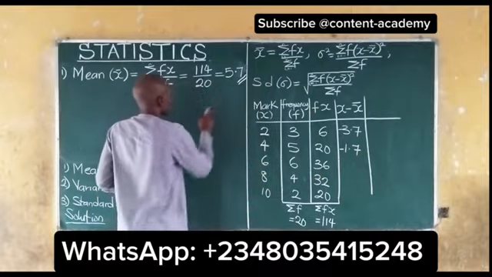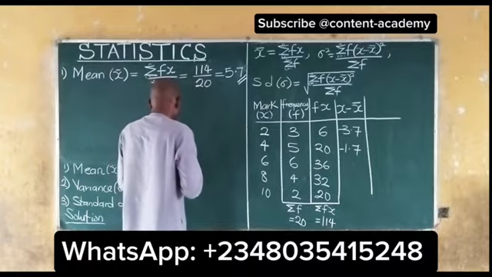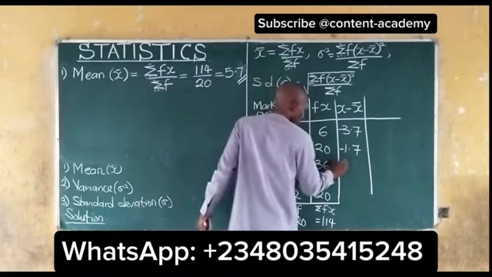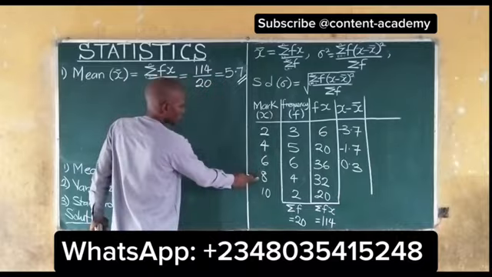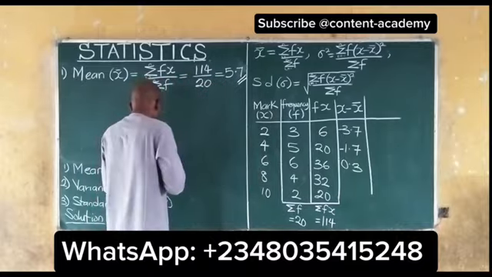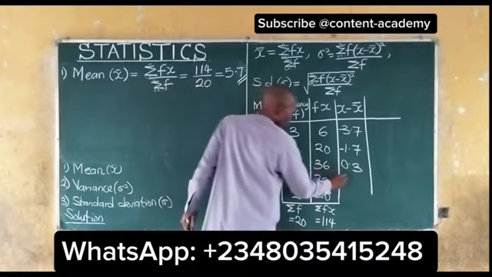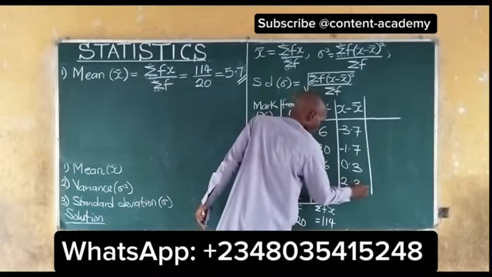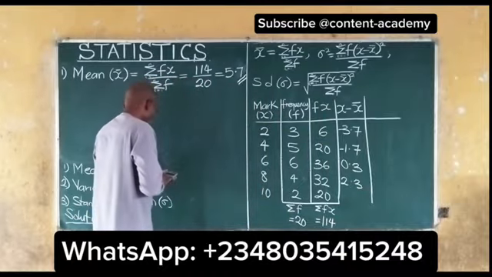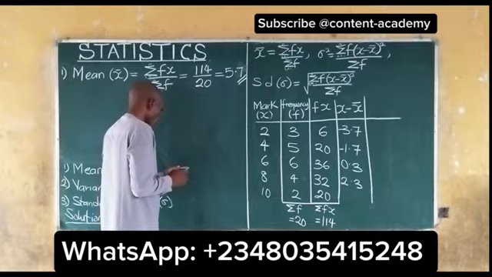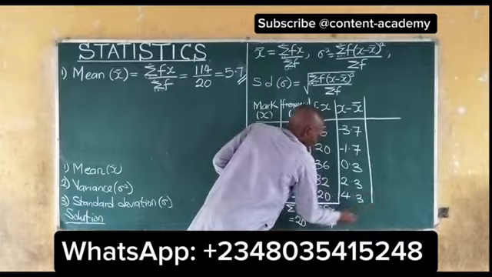Now 6 minus 5.7, we have 0.3. Now 8 minus 5.7, we have 2.3. And 10 minus 5.7, we have 4.3.